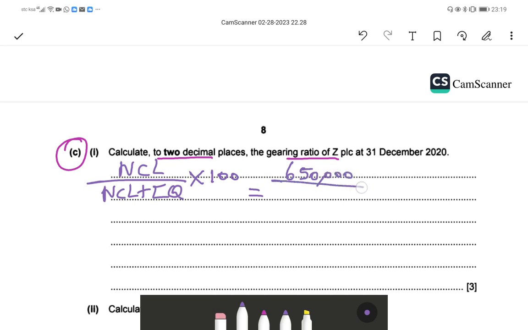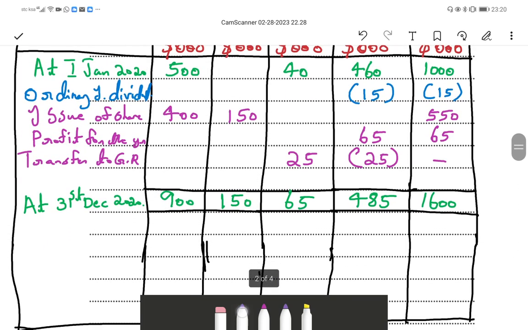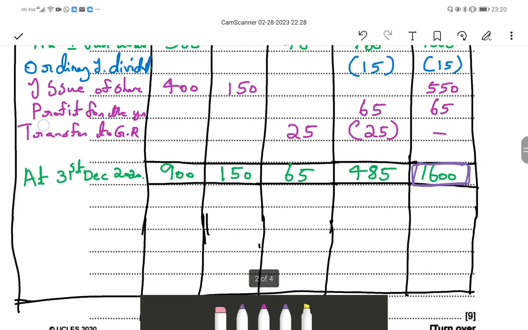650,000 divided by non-current liabilities plus equity. So 650,000 plus, what is the equity? Here we have calculated the equity. Total equity is 1,600,000.